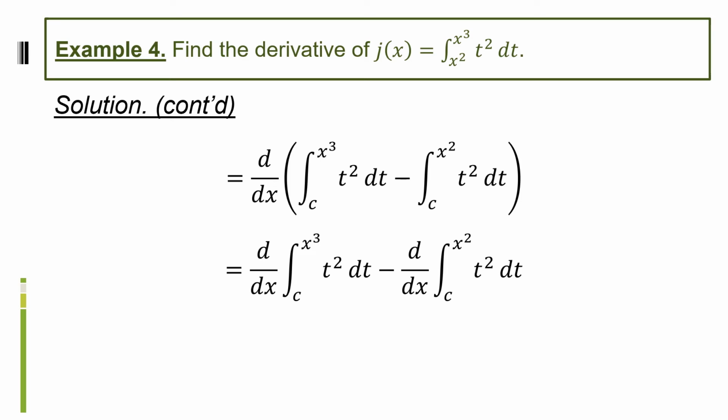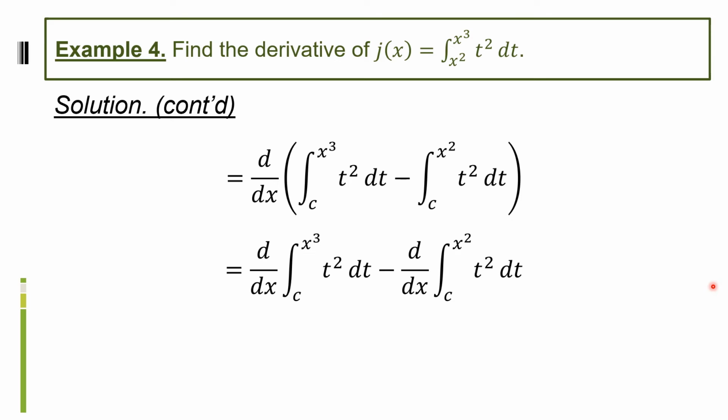Now, pwede na natin siyang paghiwalayin kasi nga dalawang terms na to. So we have d over dx of the definite integral from c to x cubed t squared dt minus the derivative of the definite integral from c to x squared of t squared dt.